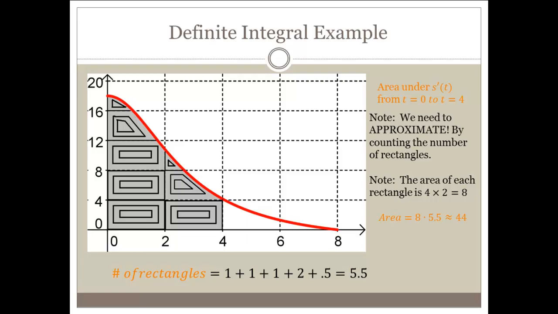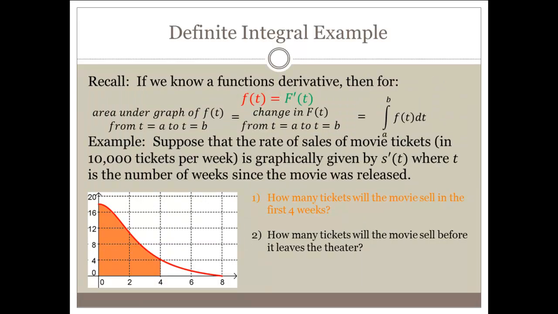So we have that the area under the curve from 0 to 4 is approximately 44. But remember that these are given in tens of thousands, so the number of tickets sold is 44 times 10,000, which is 440,000. Bringing this back to our original question, we can now answer that the number of tickets sold in the first 4 weeks is 440,000.